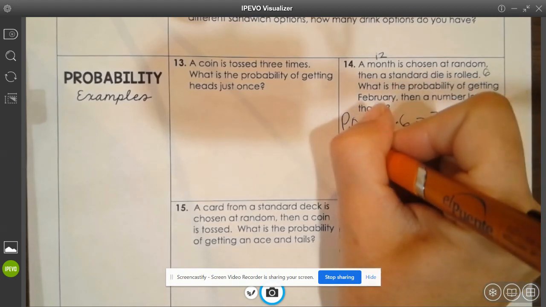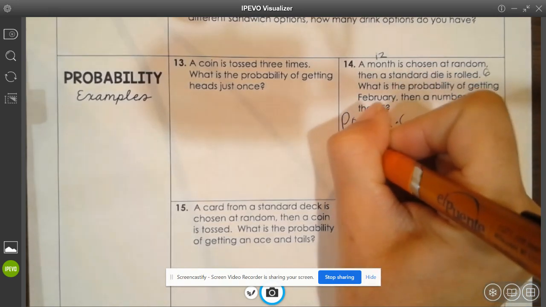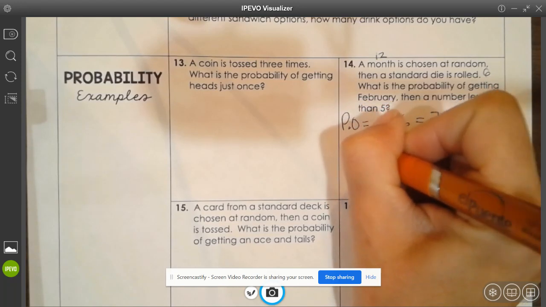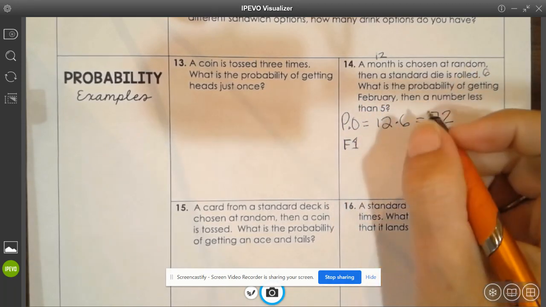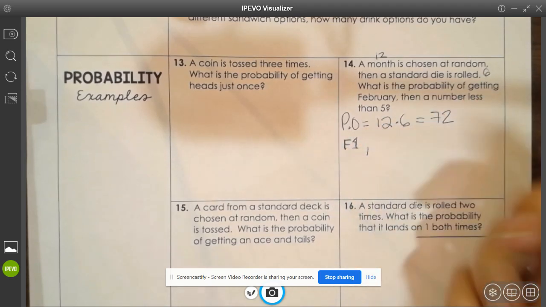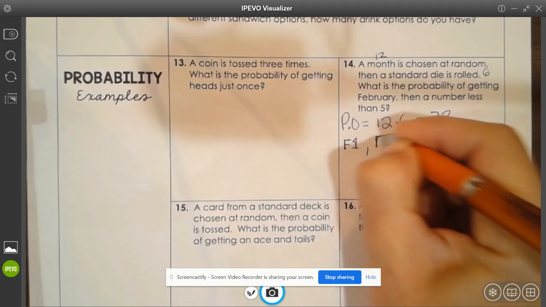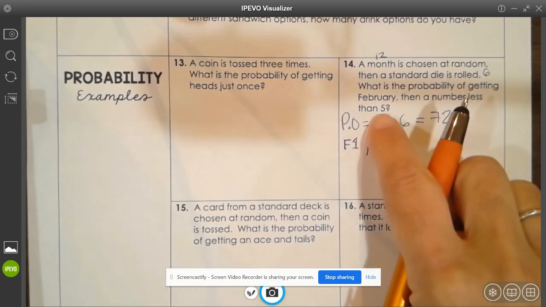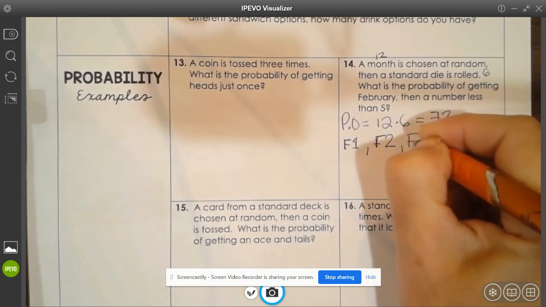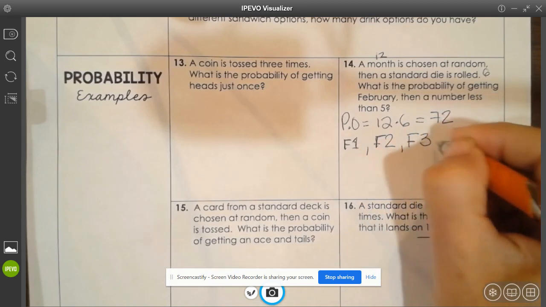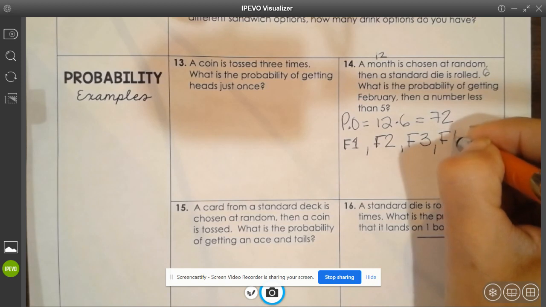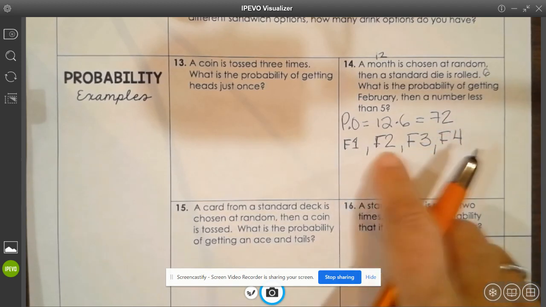We're talking about favorable outcomes, meaning the probability of getting February and a number less than 5. So we get February, and then we get number 1 on the die. Then we get February and we get 2, because notice that it's all the numbers less than 5. So we get February and 3, February and 4. Those are the numbers less than 5.